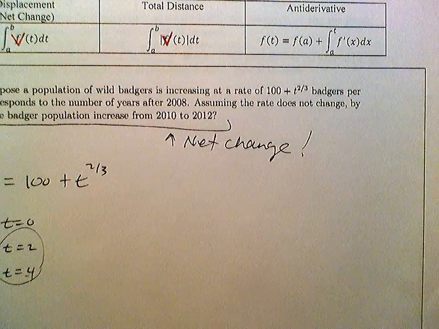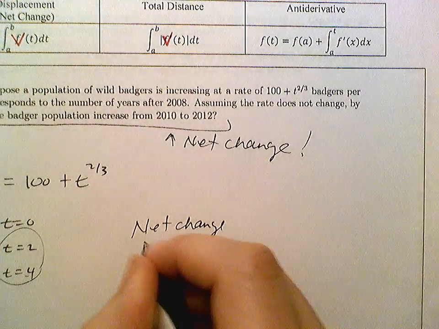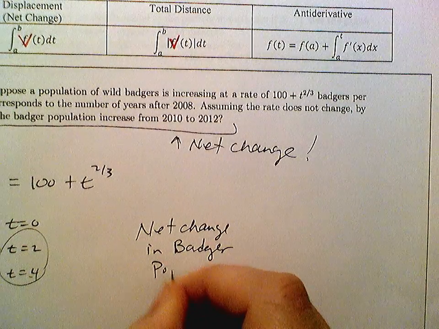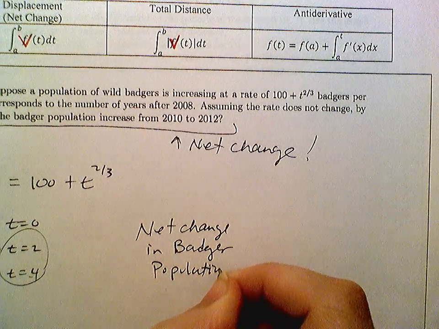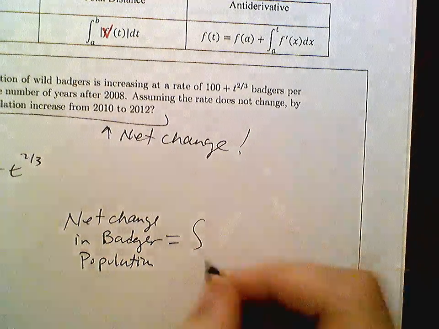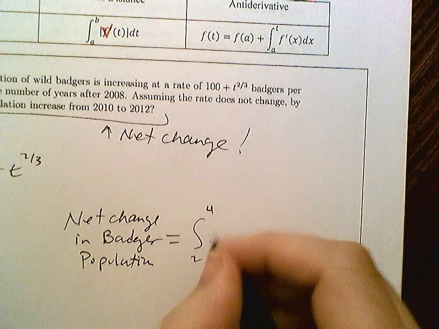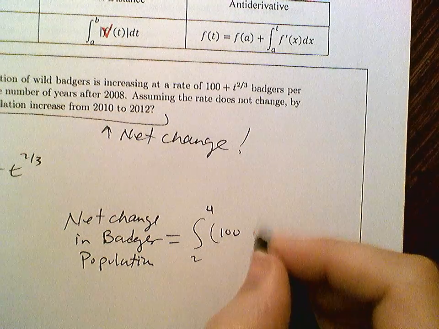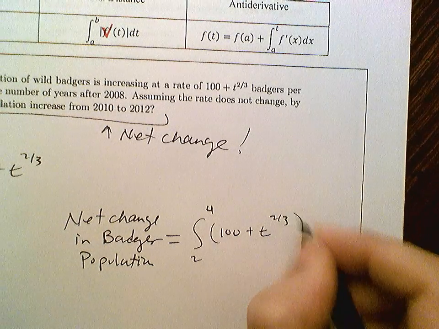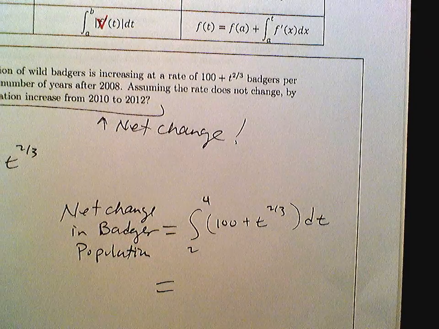So the net change in badger population is given by this integral, the integral from 2 to 4 of P prime dt. And then plug that into your calculator.